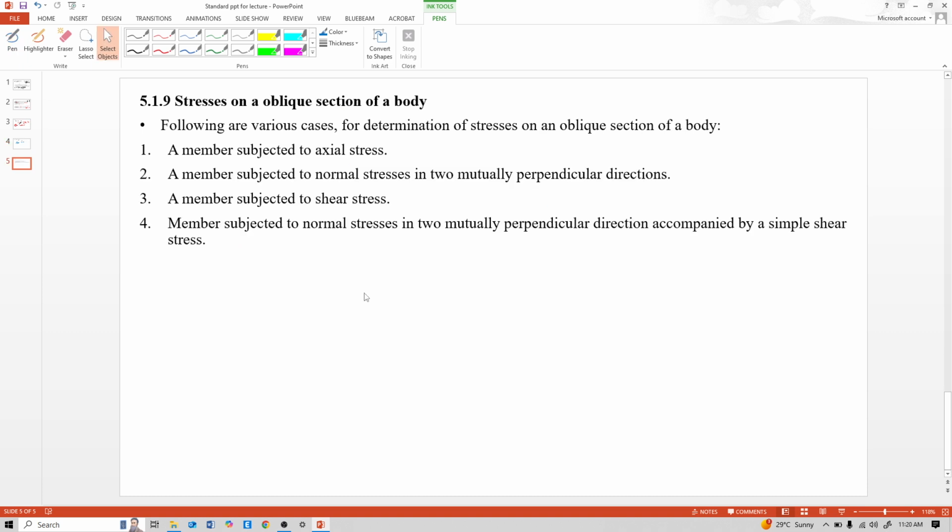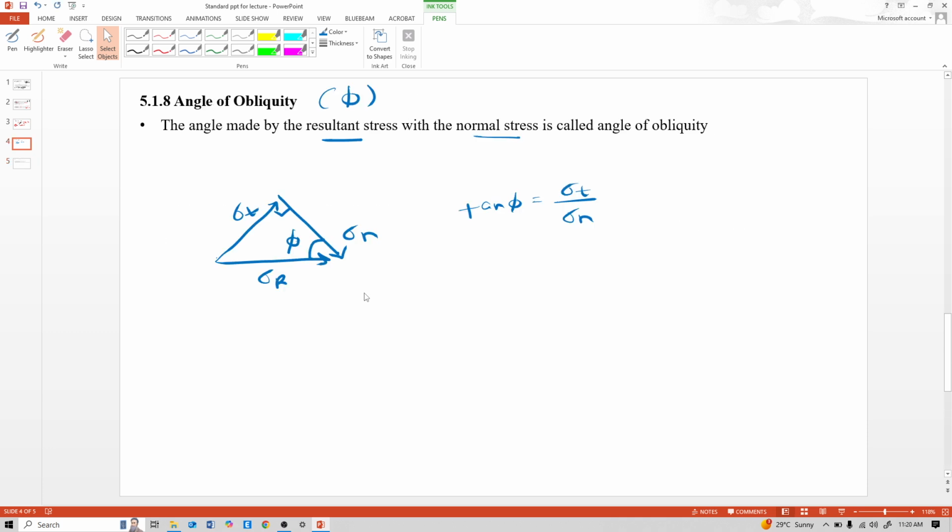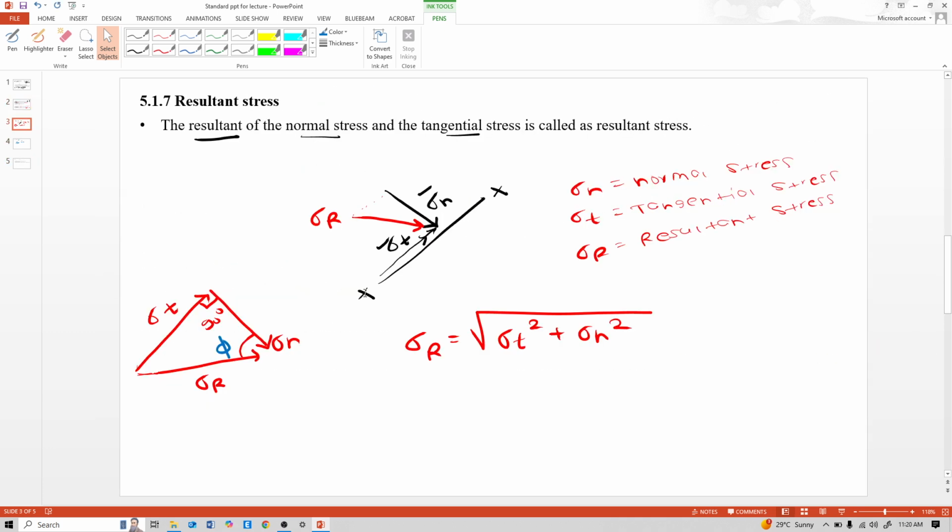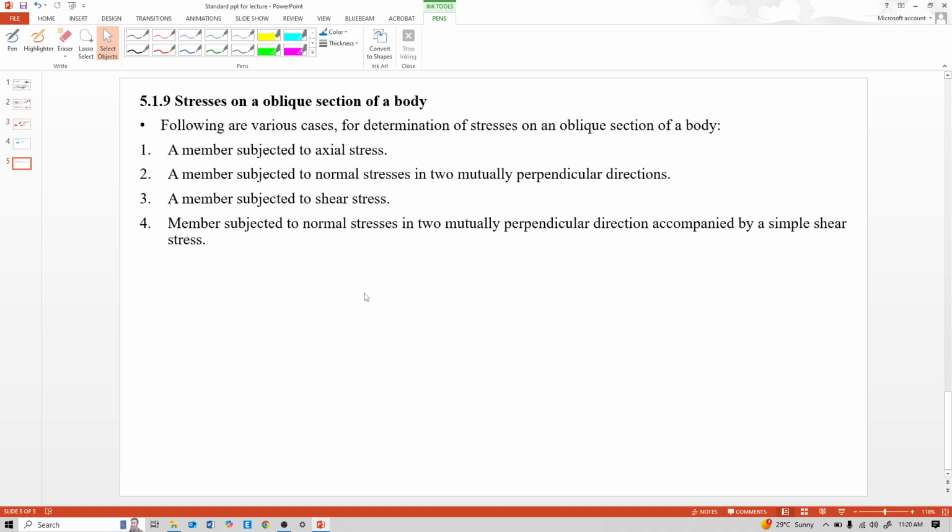So, stresses on an oblique section of a body. Following are various cases for determination of stresses on an oblique section of a body. First, a member subjected to axial stress.